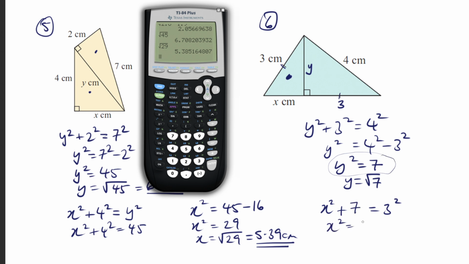And 3 squared is 9, so we've got 9 take away 7, which is 2. So actually x is the square root of 2, which is 1.41. Just check that. Yeah, 1.41 centimeters.